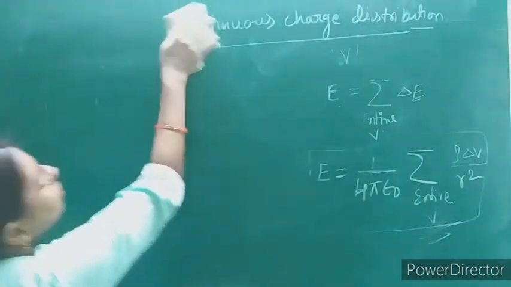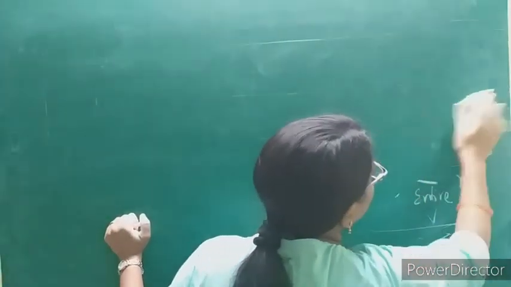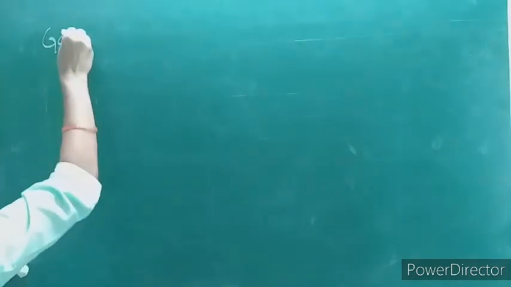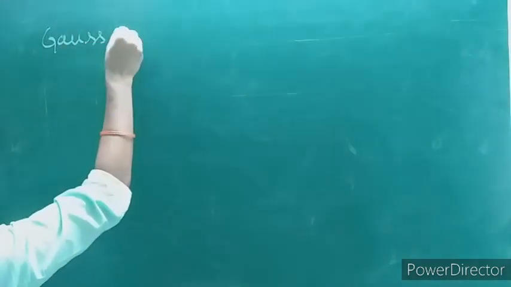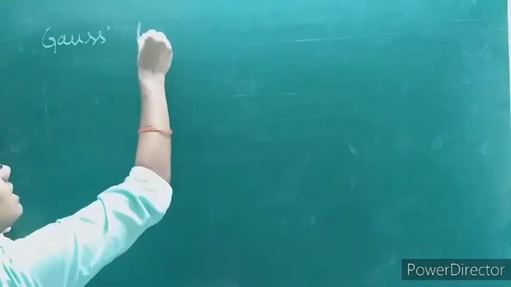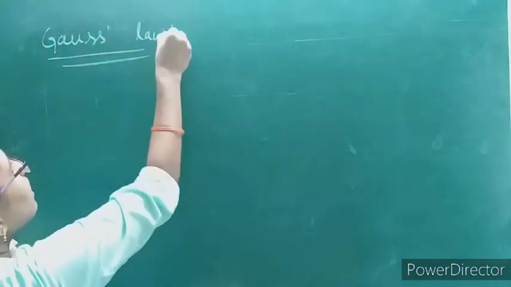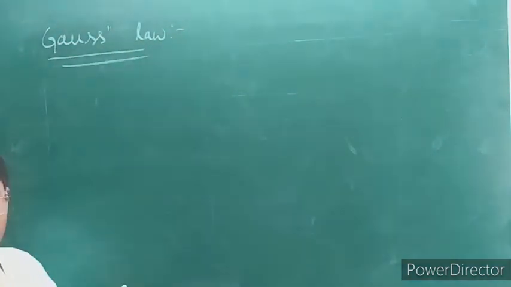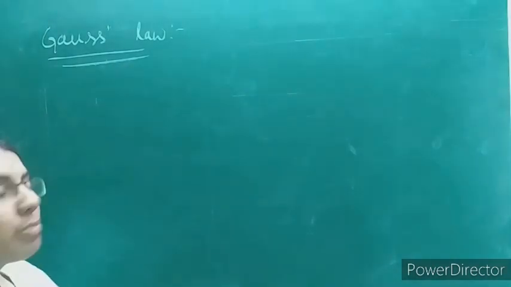So what does Gauss law state, and what is the expression for Gauss law? Let me move on to discuss that. Gauss law is based on the concept of electric flux. You already know about electric flux, right? So please remember that.